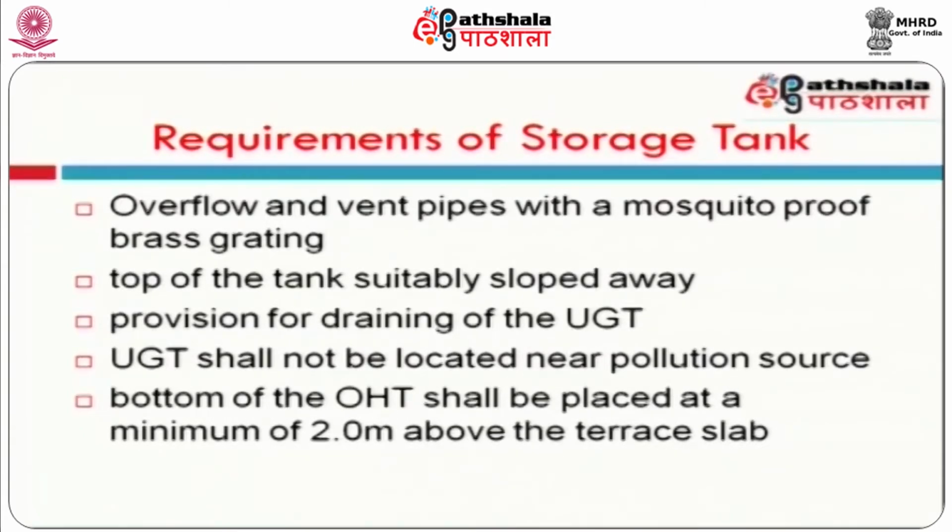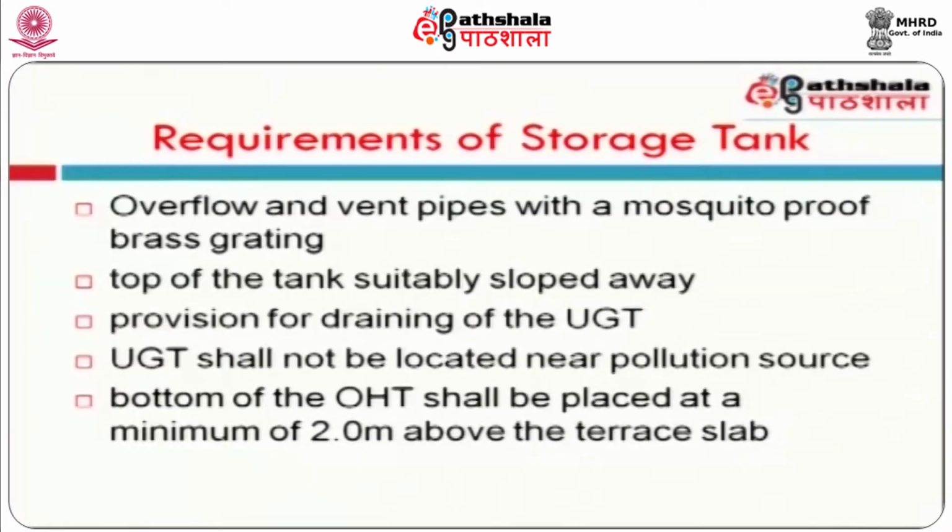So, there must be 3 types of pipe connections necessary for the storage tank. One is the inlet pipe, another is the outlet pipe, and the third one is the scour pipe, and importantly the vent pipe is also necessary. The overflow pipe is provided with mosquito proofing, because the Anopheles mosquitoes, which are responsible for the spread of malaria, breed only on fresh water.